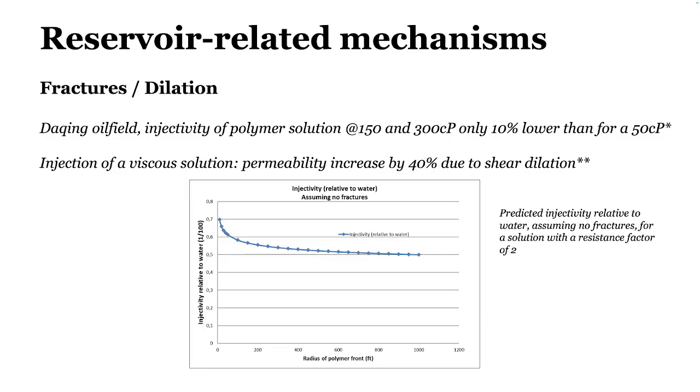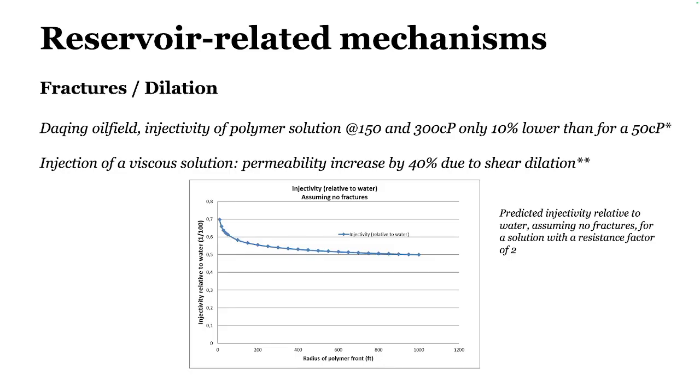Among the other parameters which are critical, and I've been discussing this a little bit already, is the existence of fractures. In my experience, a lot of reservoir engineers, and a lot of people afraid of regulation or anyone in the upper management, don't want to pronounce the word. But when you just compute what we should have based on Darcy's law, going from 1 centipoise to 2 centipoise, or to a resistance factor of 2, we should lose 50% of the injectivity.